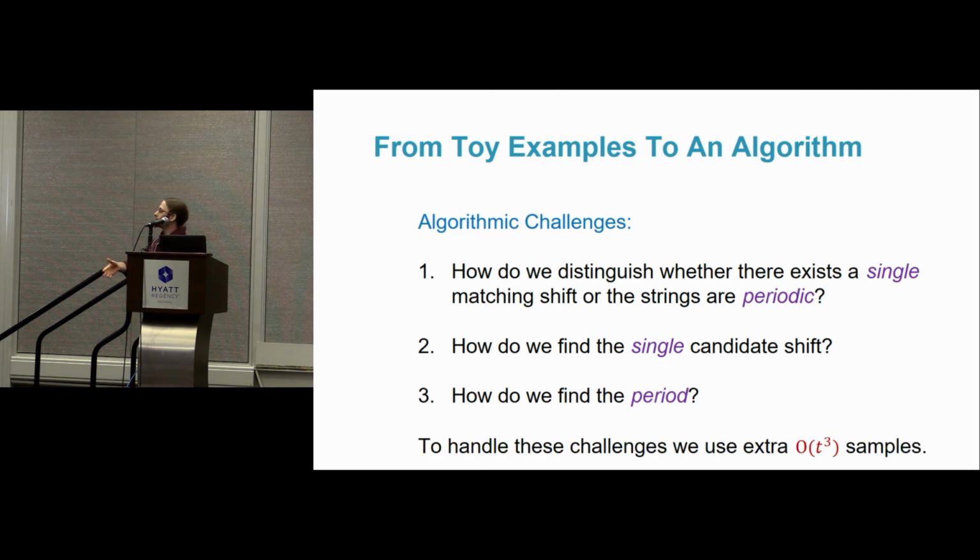I don't have time to see how we handle all these challenges, but this incurs extra order of t cube samples. That is where our running time comes from. We have the sample set, which is of size n over t, plus these t cube samples to handle these challenges.